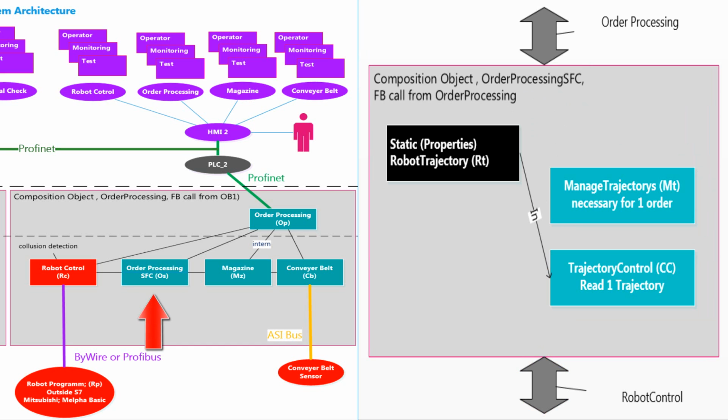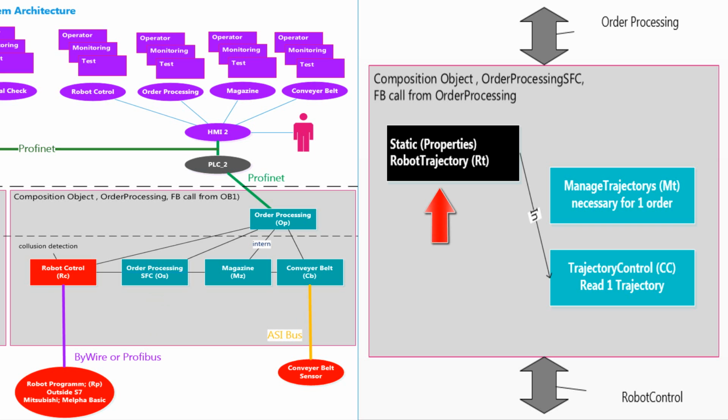Now we look into the object Order Processing SFC. Order Processing SFC is a composition object. The static variable, or properties, is robot trajectory.